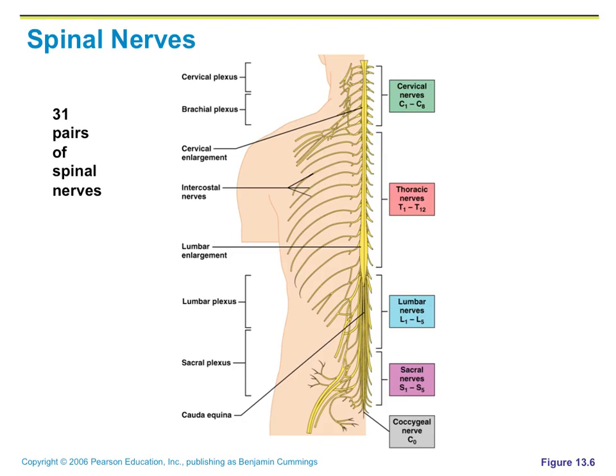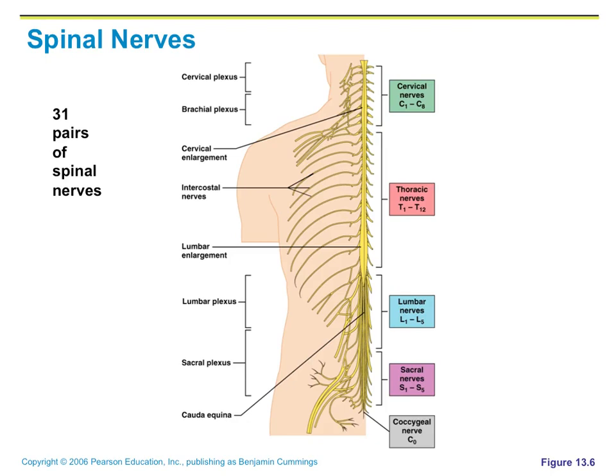The first 4 categories are the same as the spinal cord: the cervical nerves, thoracic nerves, lumbar nerves, and sacral nerves. Because we have a right side and left side for these nerves.